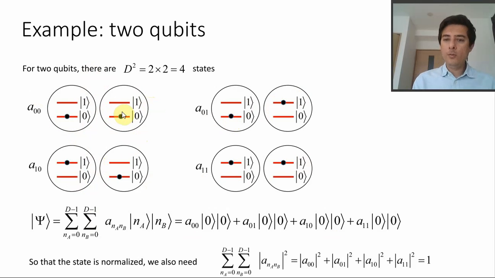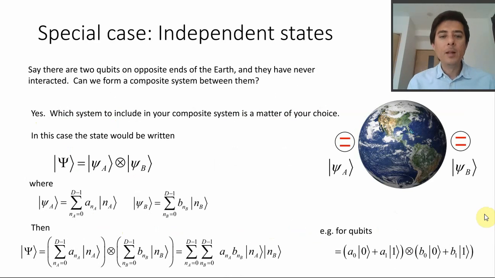So there's a total of 4 different combinations of states for the composite system, and each of them has some coefficient. Okay, so we have A00, A01, A10, A11. And these things are always normalized. So that's the kind of thing that we'll often be dealing with.